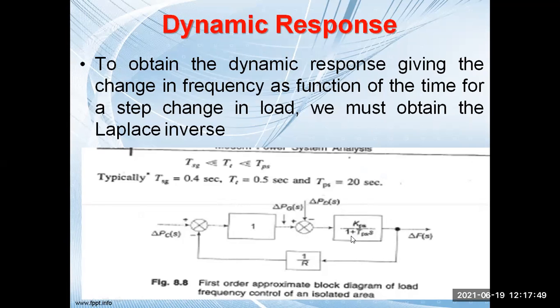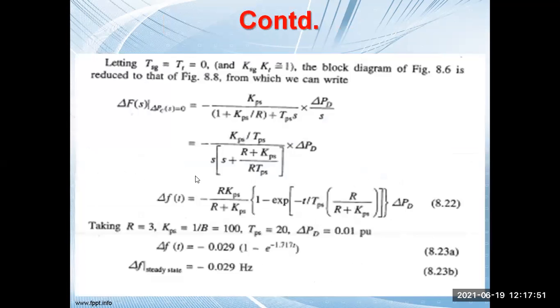And here we have KPS and 1 plus STPS. We'll do the simplification: TSG and TT equal to 0 and KSG and KT equal to 1, so that block becomes 1. Finally, we have to derive this value, delta F(t). So let us do it.